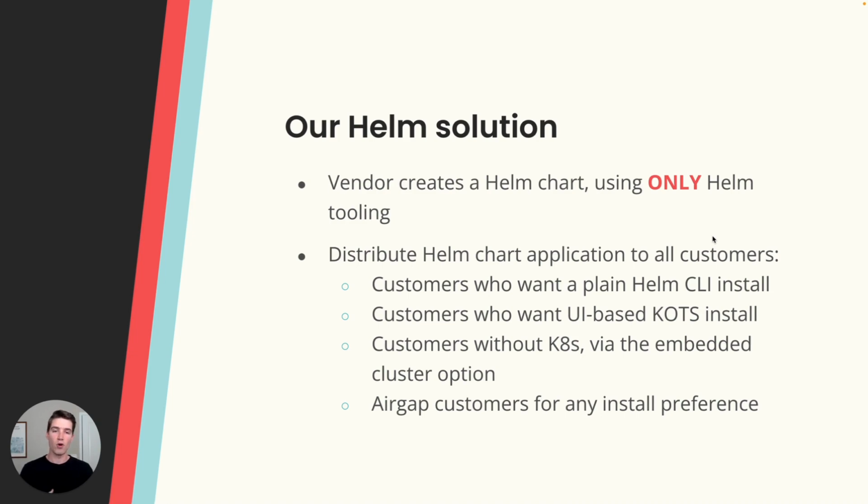Customers who want the UI-based KOTS install that people are familiar with, if you're familiar with Replicated, you can do that with the same Helm chart. Or if customers don't have Kubernetes and have a machine that they need Kubernetes installed on first, that's possible with our embedded cluster option, and then the Helm chart can be installed there as well. And then the goal is for all of these to work for an air gap installation as well.